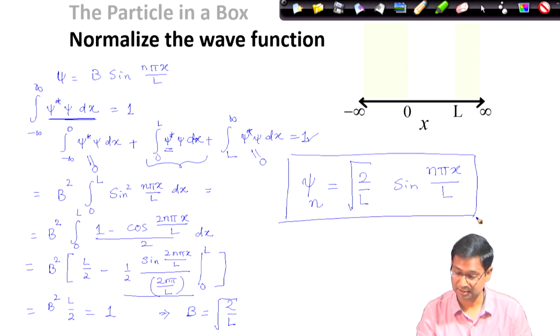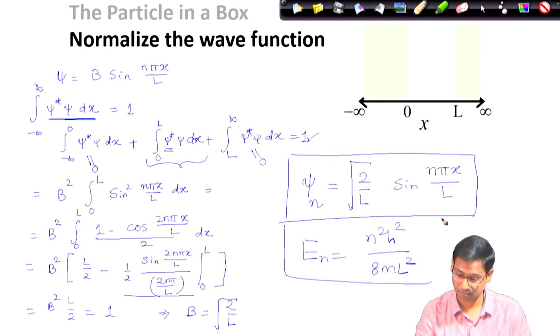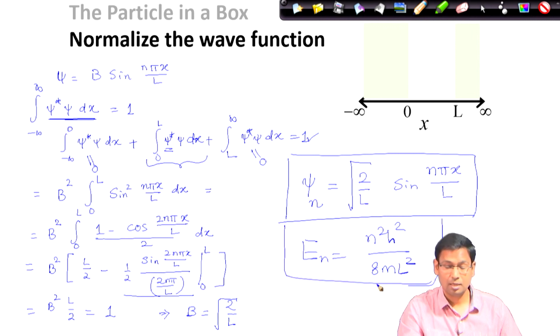Just for the sake of completeness, I am also writing down the energy expression, which you will see again. The wave function has n dependence, and the energy has n dependence. So, both the wave functions and the energies are quantized, with explicit dependence on n.